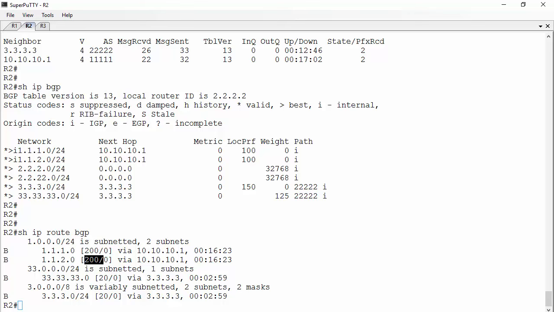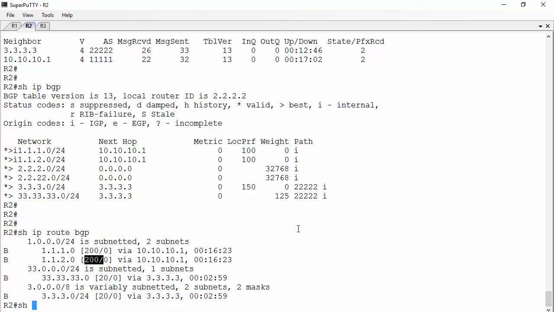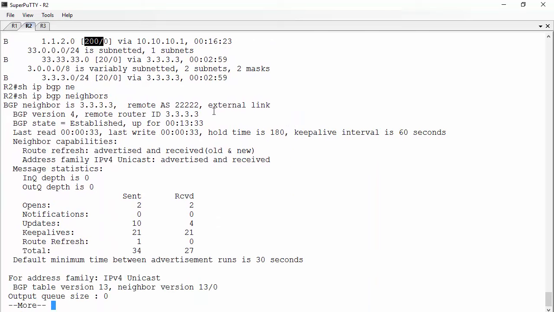And finally, I want to show you one more command. Show ip bgp neighbor. So this is a very long output, but still worth it. Look at this one, guys. One of the neighbors is 3.3.3.3. The router ID is also 3.3.3.3. It is an external link.